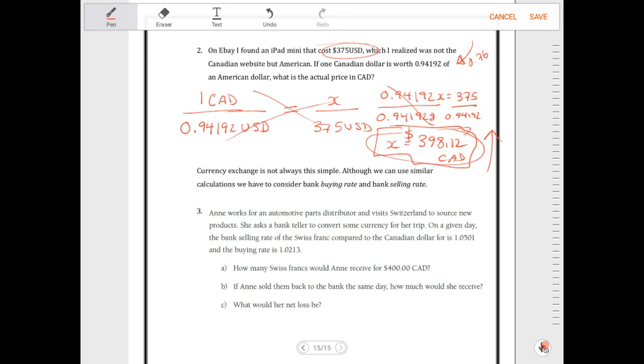Also, over time, you may want to pay attention to how the Canadian dollar is faring. I'll give you an example. There are times when the Canadian dollar really gets pretty close to the American dollar, and it's like, well, that's a good deal.